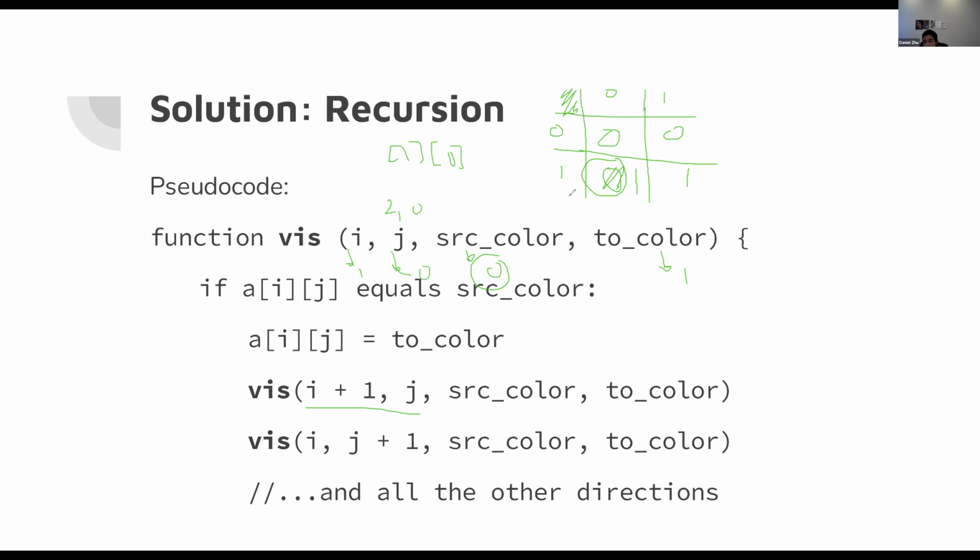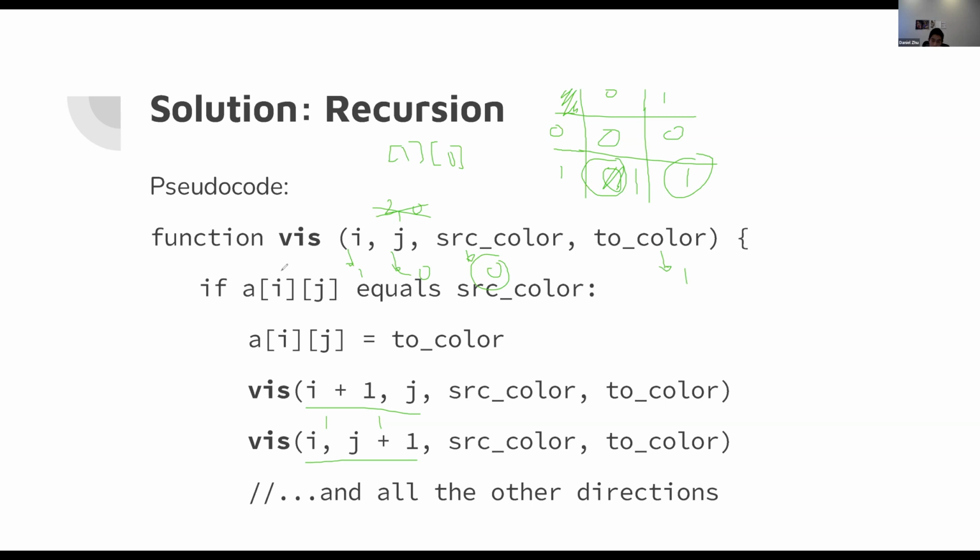But you see that 2, 0 is out of bounds because there's obviously no 2 here. So we don't do that. Then we come here. So this gives you 1, 1, and that's here. So you visit there.